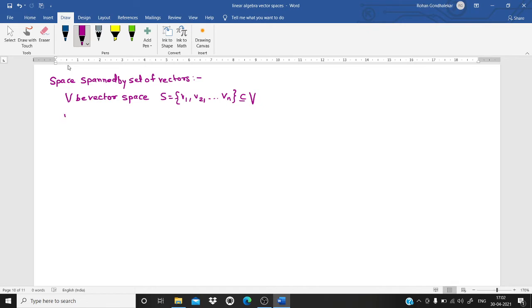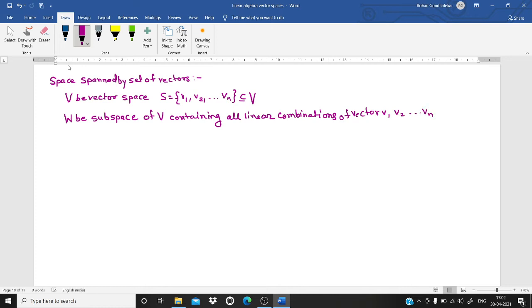Let W be a subspace of V containing all linear combinations of vectors V1, V2, and so on up to Vn.